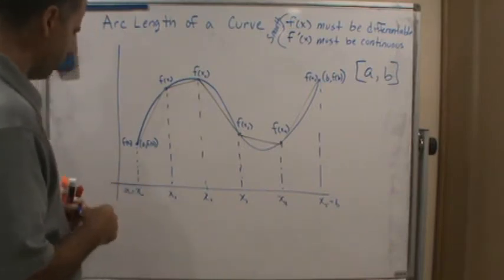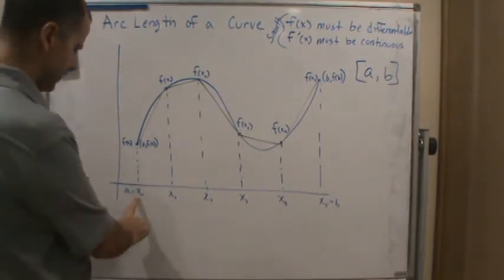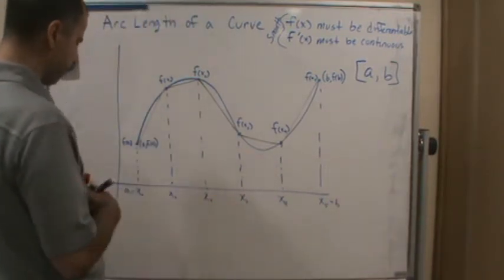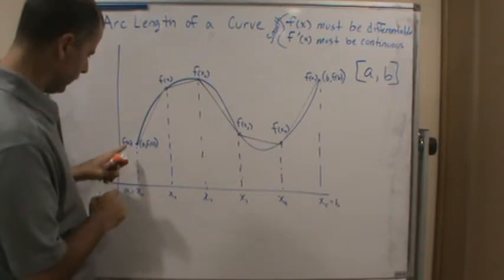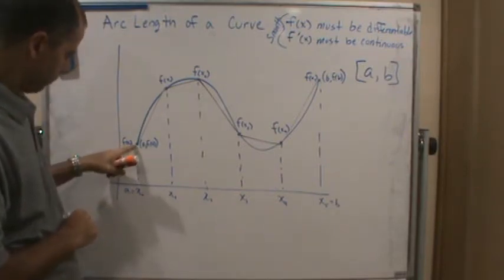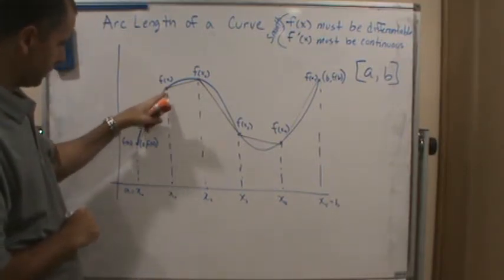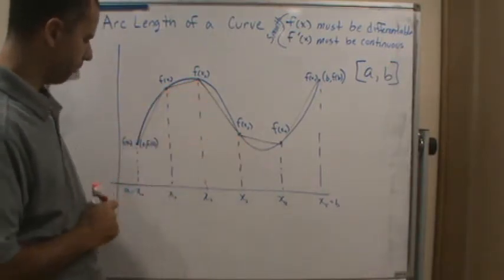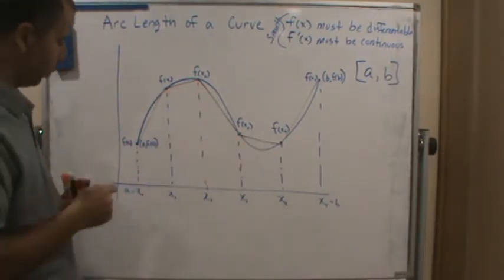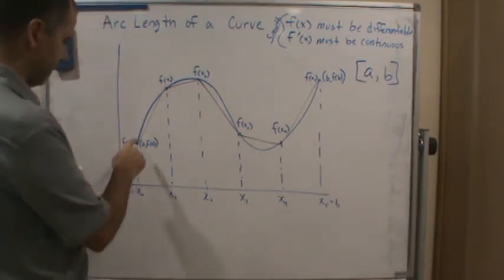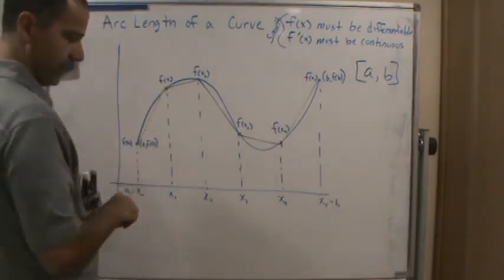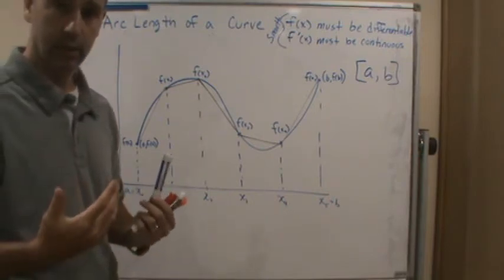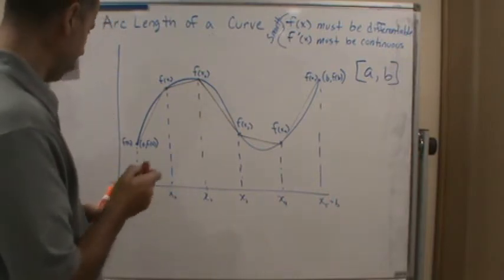So we've got x0 to x sub 5 from A to B. And we see that the height of each one of these points is f of x0, f of x1, and so on. So here's what we're going to do. We are going to find the length of these line segments, and in order to do that, we're going to create right triangles.